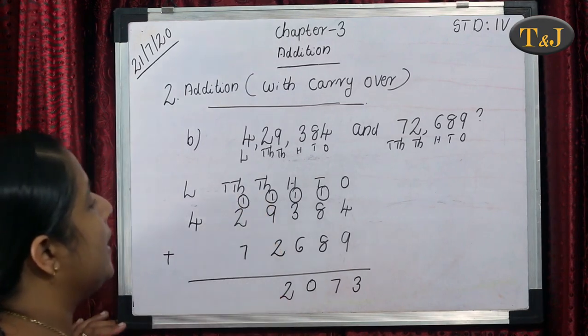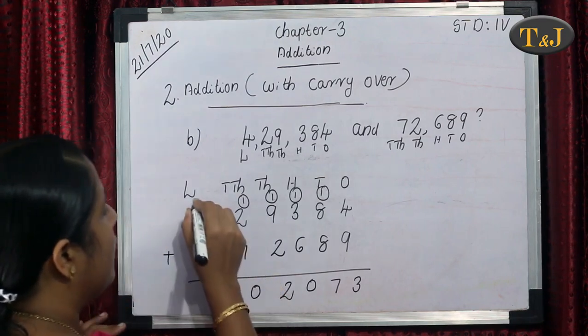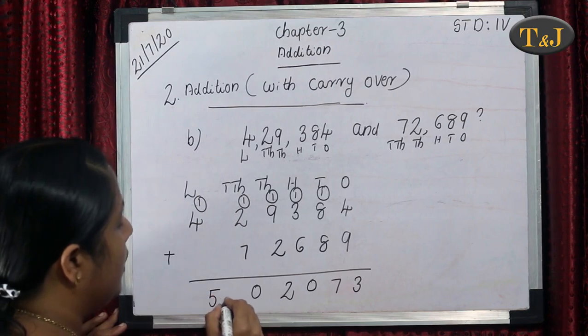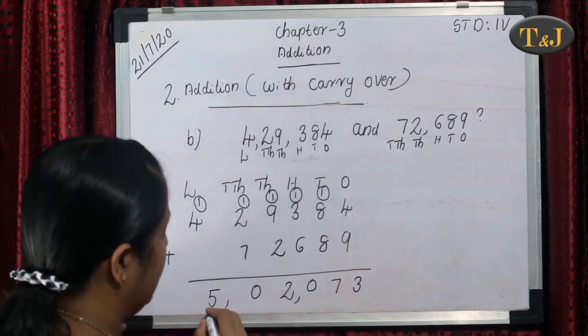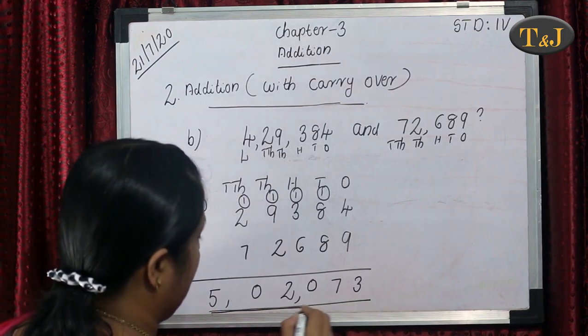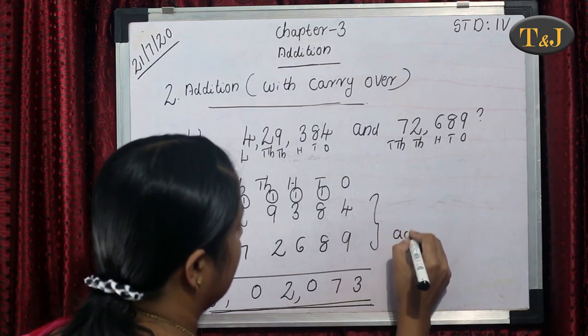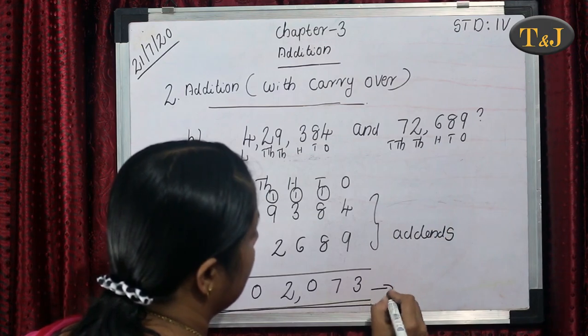Then 2 plus 1 equals 3 and 3 plus 7 equals 10, write 0, then 1 carried, 4 plus 1 equals 5. Now we get the answer as 5,02,073. The numbers we add are known as addends, and the result is known as the sum.